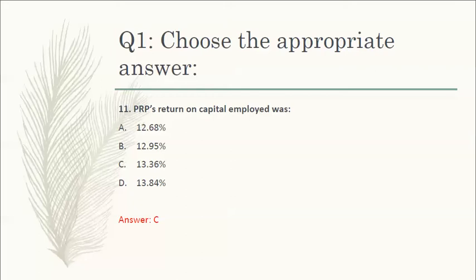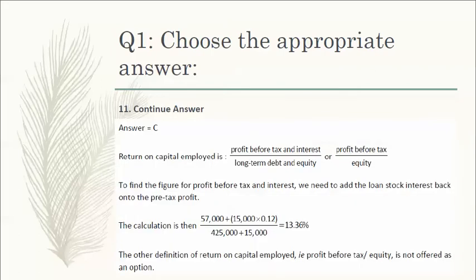The answer here is C, but we need to know from which we get this answer. The answer is C, as return on capital employed is profit before tax and interest divided by long-term debt and equity, or profit before tax divided by equity.